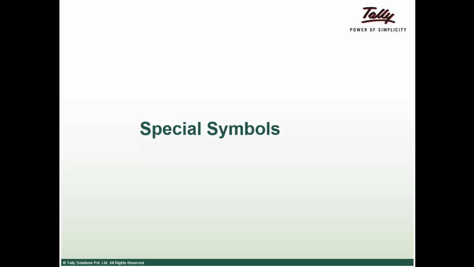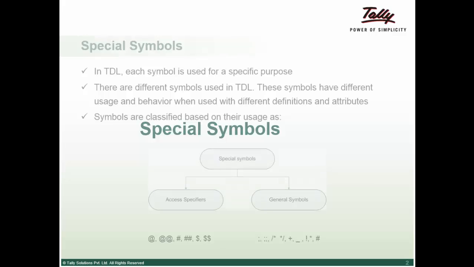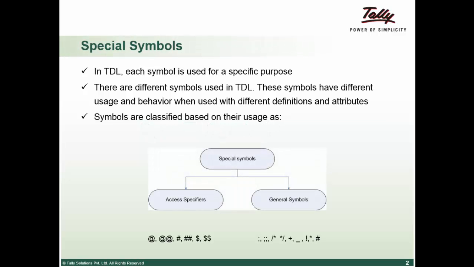Now moving forward to special symbols. In the previous lesson, we discussed the various TDL components, right? Like the definitions, attributes, functions, symbols and prefixes, variables, etc. In TDL, there are symbols which are used for specific purposes. And that's the reason why it's a part of the TDL naming conventions that you do not use special symbols.